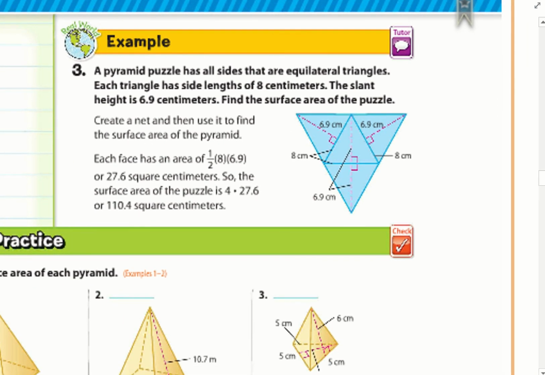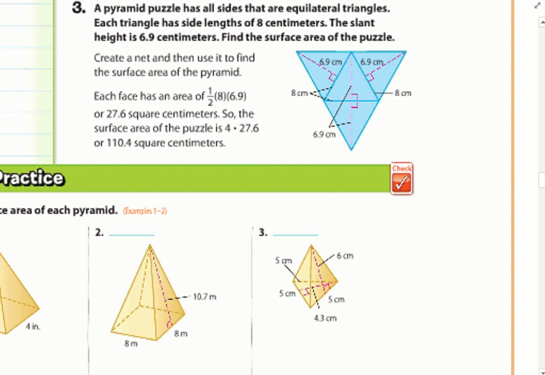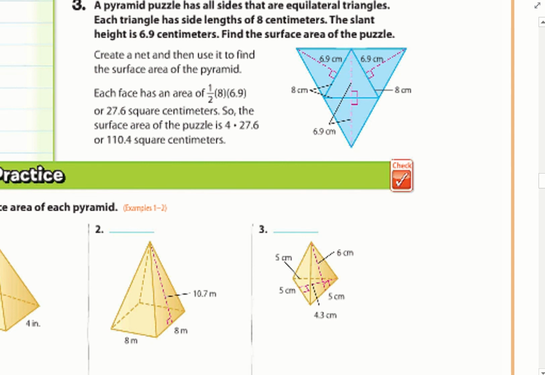Here's the net of the 3-sided pyramid with a triangular base. It does look like a Triforce, if we have any Legend of Zelda fans out there. They find the area of all 4 triangles. In this case, all the triangles are equilateral and the same size, so they do 8 times 6 9/10.